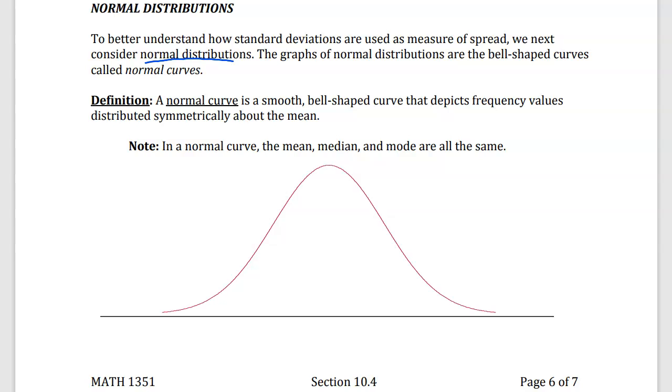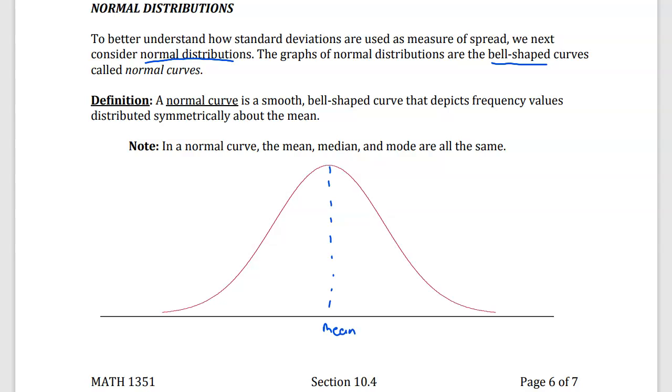Normal distributions are those distributions that have bell-shaped curves called normal curves. It's a smooth bell-shaped curve that depicts frequency values that are symmetric about the mean, which indicates that right down the middle is the mean.